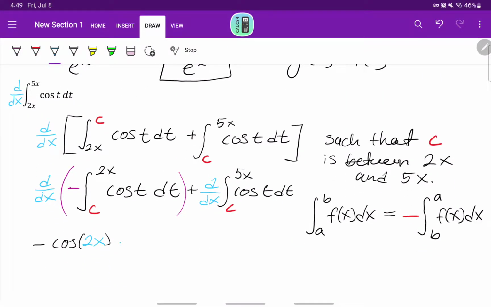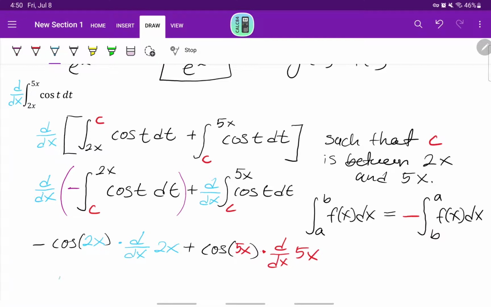So that's going to be times the derivative of 2x, plus cosine of 5x. And then we have to multiply by the derivative of 5x.